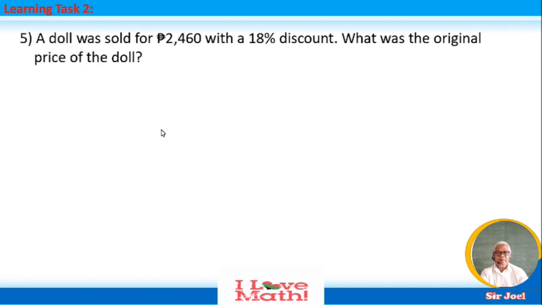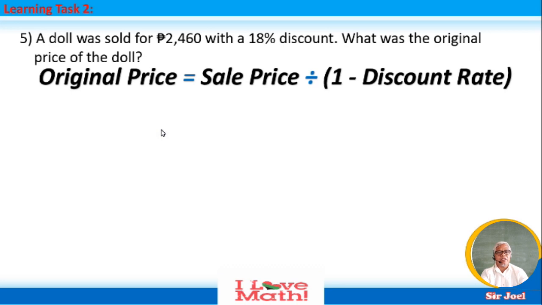Problem number 5. A doll was sold for 2,460 pesos with a 18% discount. What was the original price of the doll? To solve this problem, original price is equivalent to sale price divided by 1 minus the discount rate. Bakit nagkaroon doon ng 1? Kasi yun yung 100%, which of course is equivalent to 1.